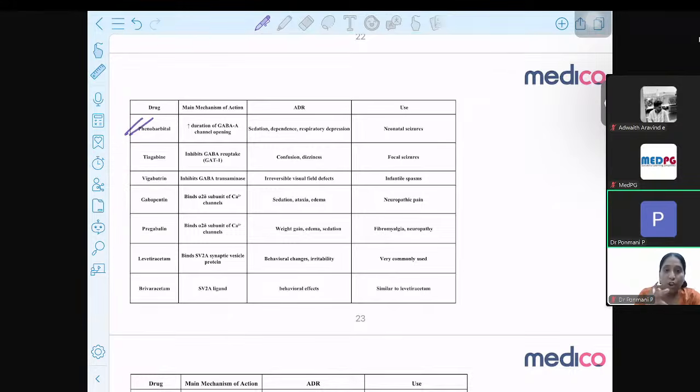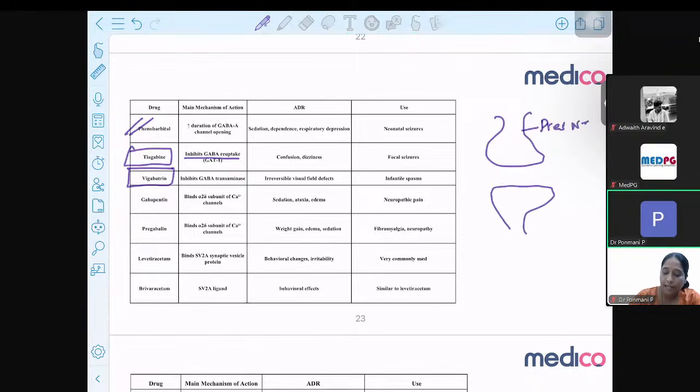And here come two more important drugs, which are tiagabine and vigabatrin. What is tiagabine? Tiagabine inhibits the GABA reuptake. So you know this is a synapse, and this is a presynaptic nerve terminal, and this is a postsynaptic nerve terminal. And in the synapse, you have the neurotransmitter, which is GABA.